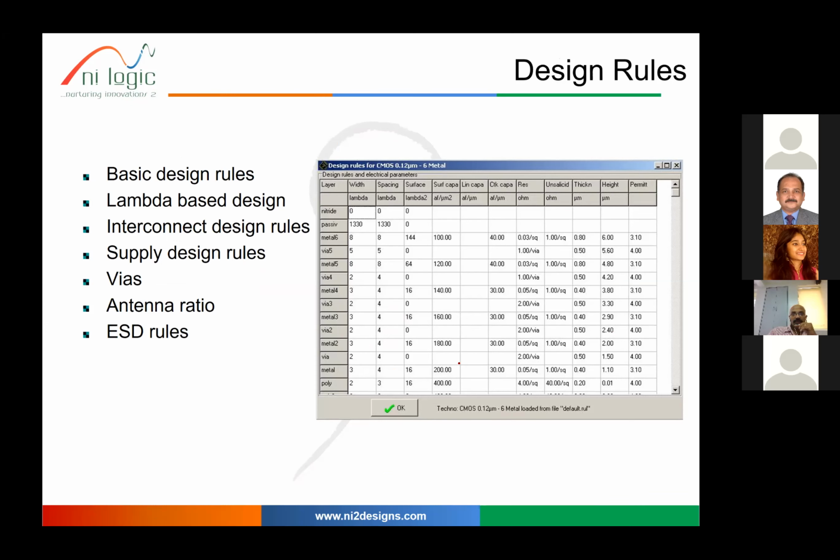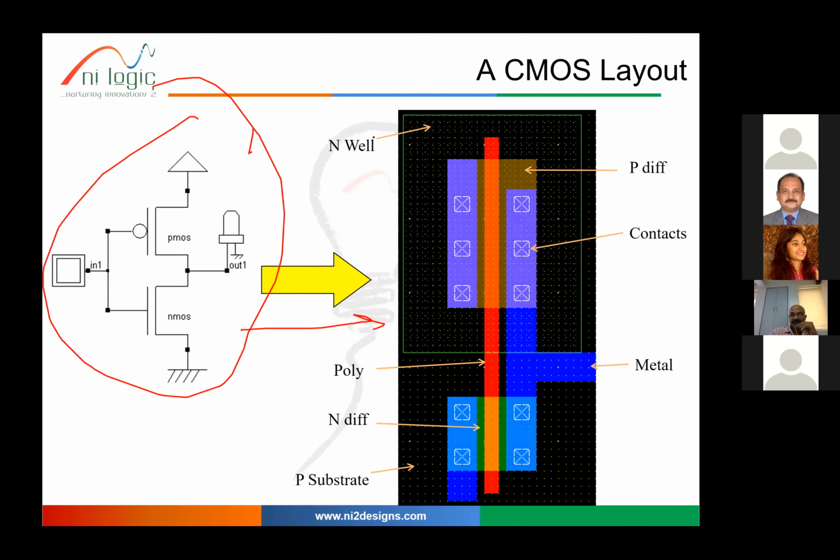They are a set of rules and regulations which a designer needs to follow. I will be just introducing the concept of design rules, and there are some basic design rules: lambda based rules, interconnect supply rules, wires, antenna ratios, ESD protection rules. There are so many rules to be followed to make a successful design, and it's good to follow the rules.